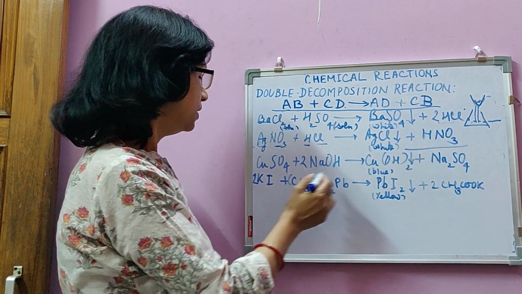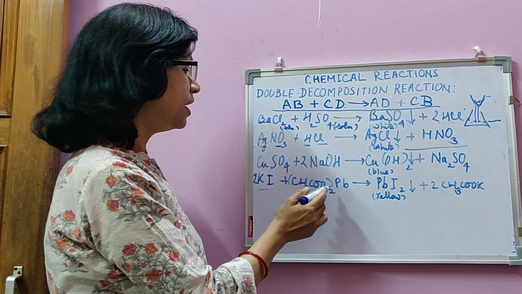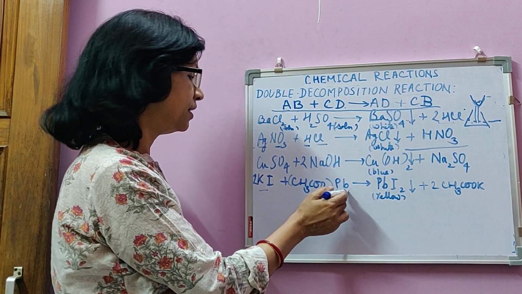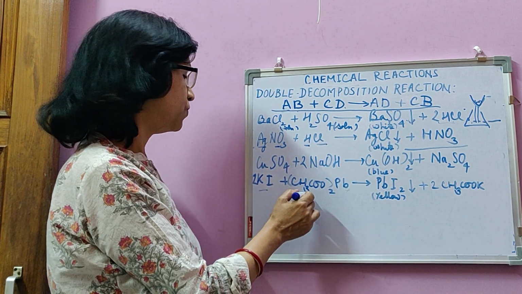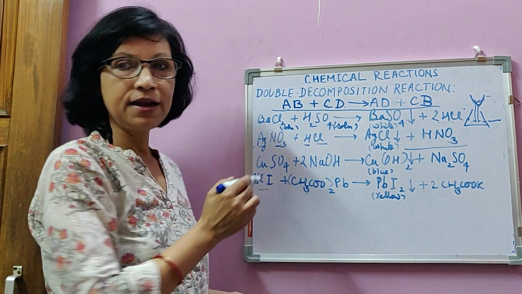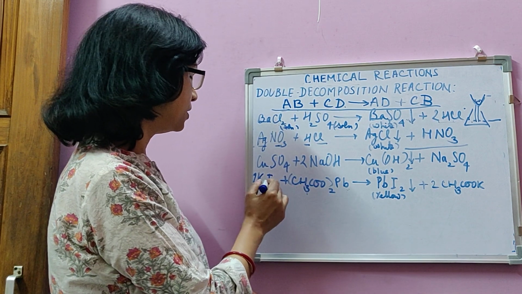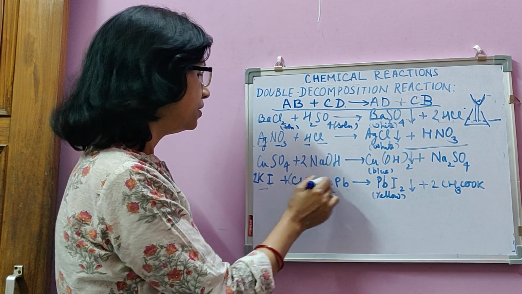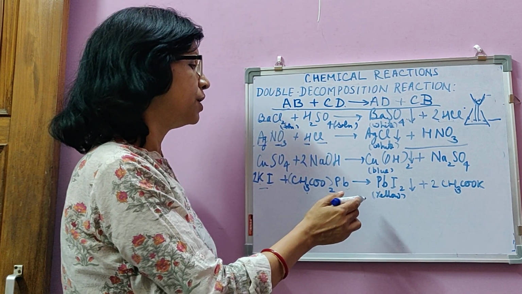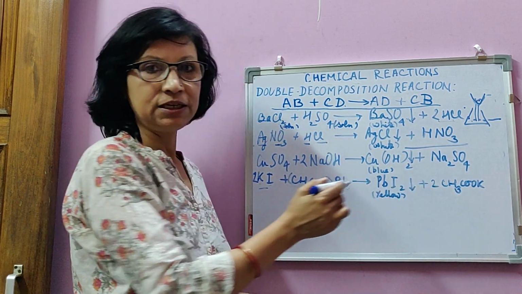Similarly, when potassium iodide reacts with lead acetate, as I said, one of the exceptional compounds in which cation is written later and anion is written before. Otherwise, always in an ionic compound, cation is written first and anion is written later. So when these two ionic compounds react, they exchange the ions, and a yellow precipitate of lead iodide is formed, and a solution of potassium acetate is formed.